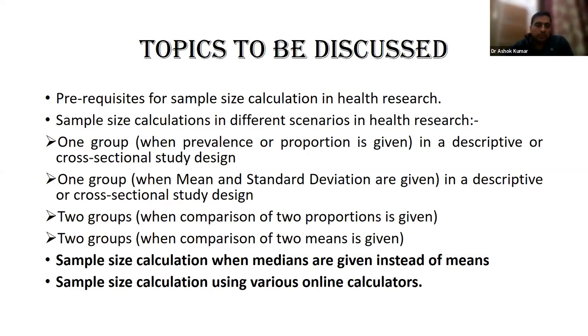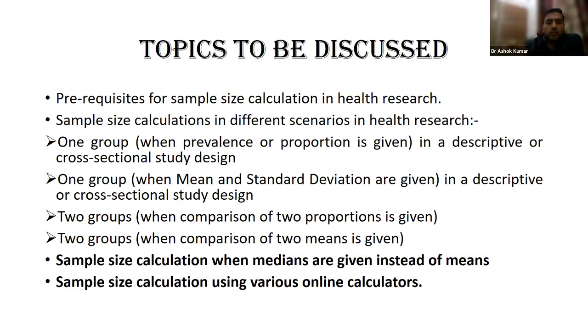For example, the percentage of patients who have this event, around 30% of the patients have died, or have the outcome of interest, 30%, 25%. So this is prevalence or proportion.